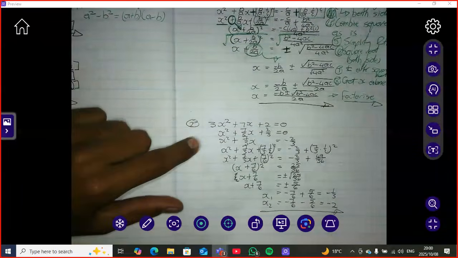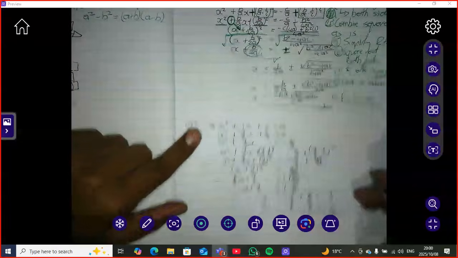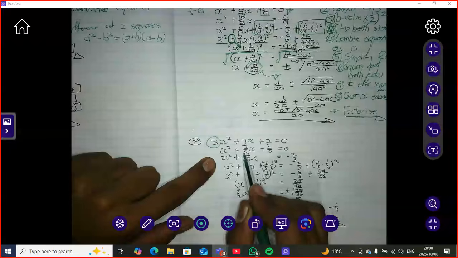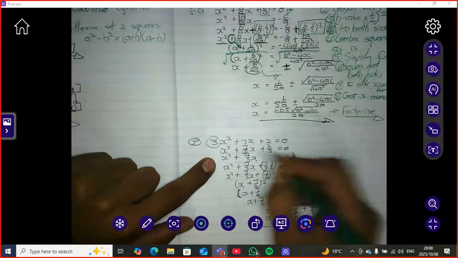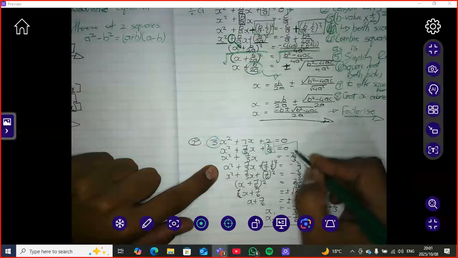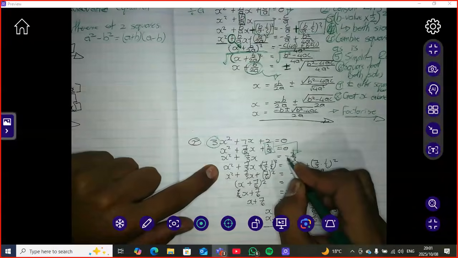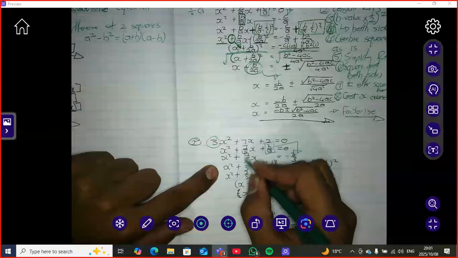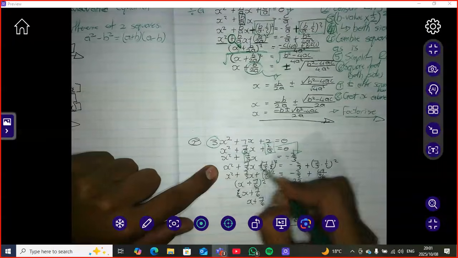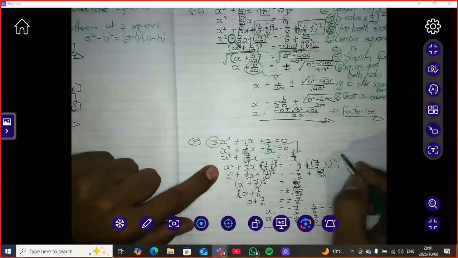So just a quick run through, because I gave all the steps. Here you get your x squared alone. You divide with 3 throughout. Then you take your constant to the side and you change the sign. Then you take your b value, whatever it is, times a half in brackets squared on both sides.